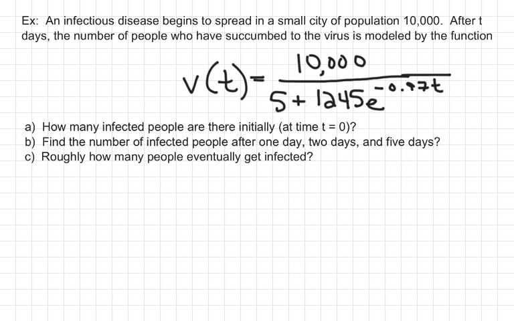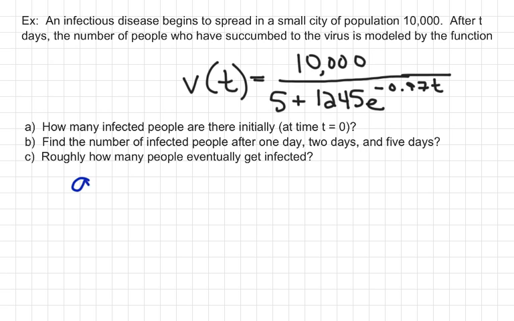An infectious disease begins to spread in a small city of population 10,000. After t days, the number of people who have succumbed to the virus is modeled by the function v of t equals 10,000 divided by 5 plus 1,245 e raised to the negative 0.97t. How many infected people are there initially at time t equals 0?